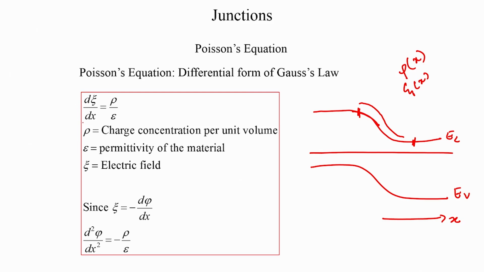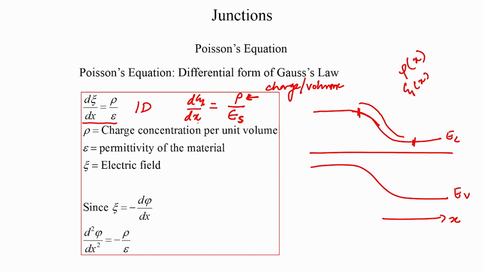Poisson's equation, the one-dimensional form, simply says that the change of the electric field in space is equal to the charge concentration per unit volume. It is not per unit area, it is not the total charge, it is the charge per unit volume divided by the permittivity of the material in which we are doing the analysis. In our case it is mostly going to be the permittivity of the semiconductor.